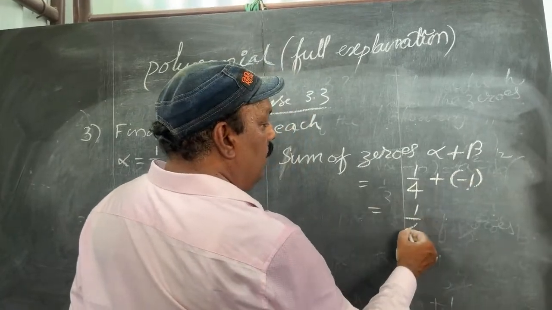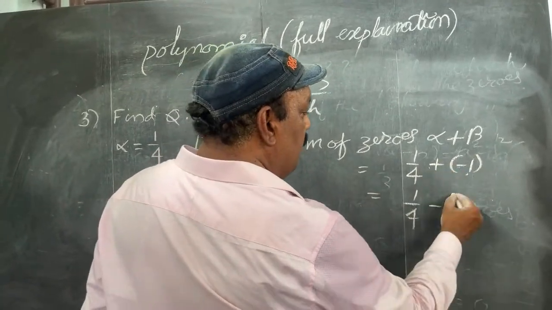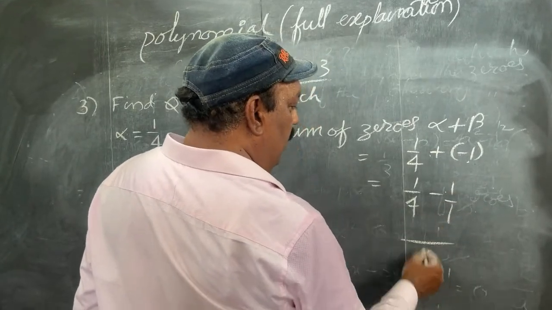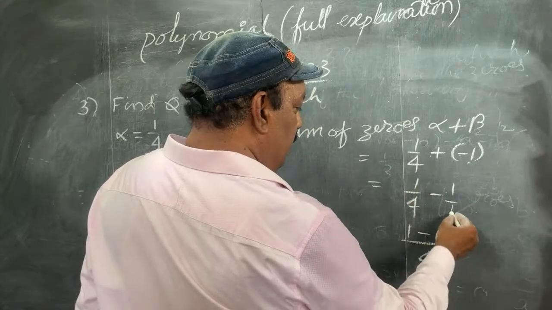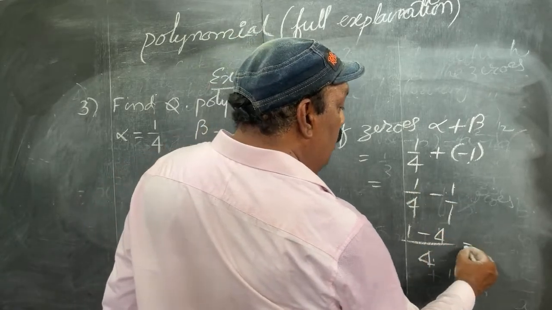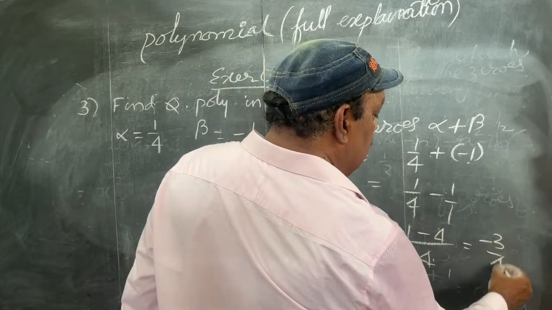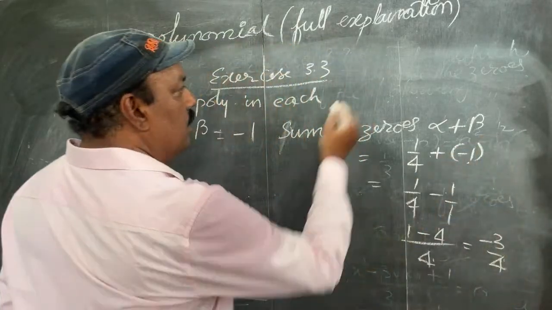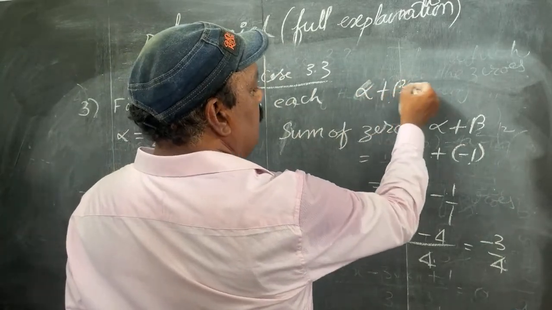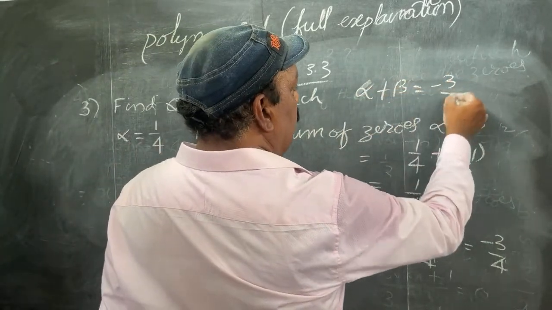So 1 by 4 plus minus 1 by 1, the LCM is 4. 4 by 4 is 1, 1 into 1 is 1, and 4 by 1 is 4, 4 into minus 1 is minus 4. So minus 3 by 4 is the sum of the zeros. Alpha plus beta is minus 3 by 4.